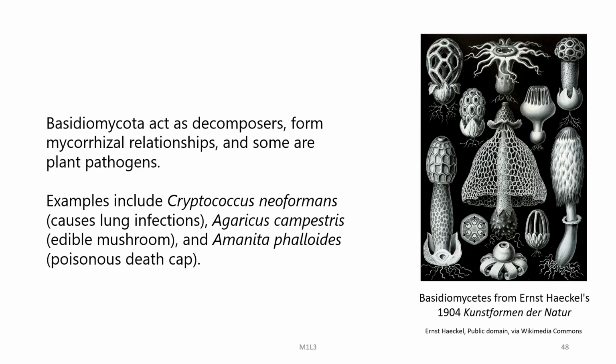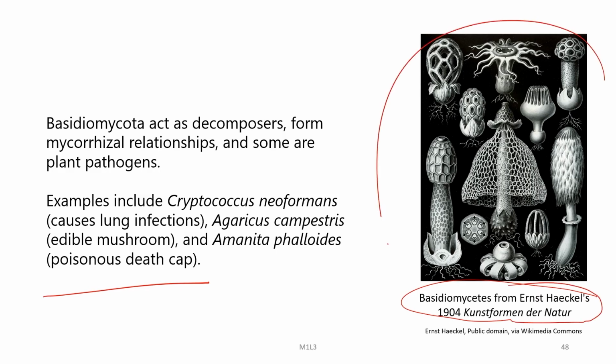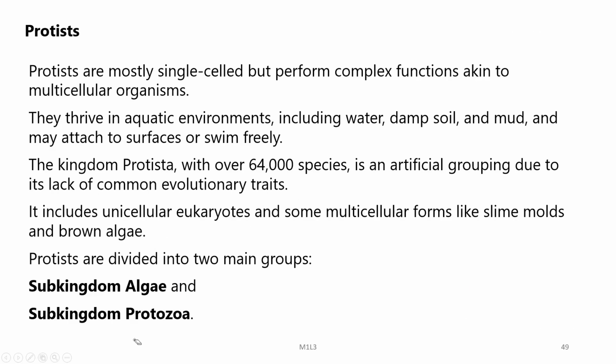Some examples include Cryptococcus neoformans, this causes lung infections, then Agaricus campestris, which is an edible mushroom, and then Amanita phalloides, which is the poisonous death cap. So, you can see here Basidiomycetes from Ernst Haeckel's 1904 work, some beautiful diagrams of the particular species.